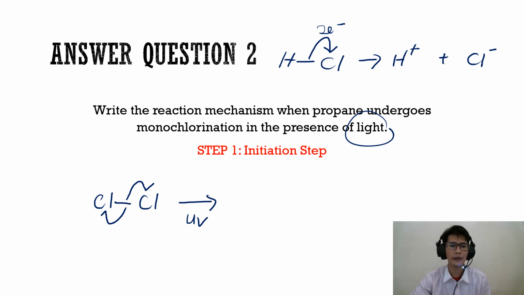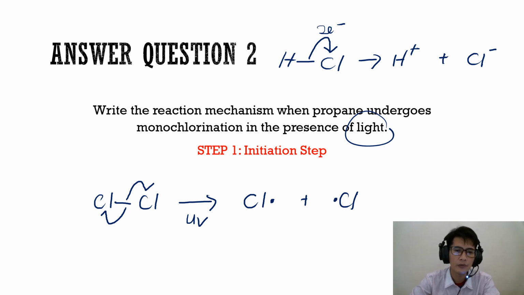Cation and anion. But when they equally share the bonding electrons, one goes to the element on the left, another goes to the element on the right. Therefore, they will form the free radical. So it will form this species.